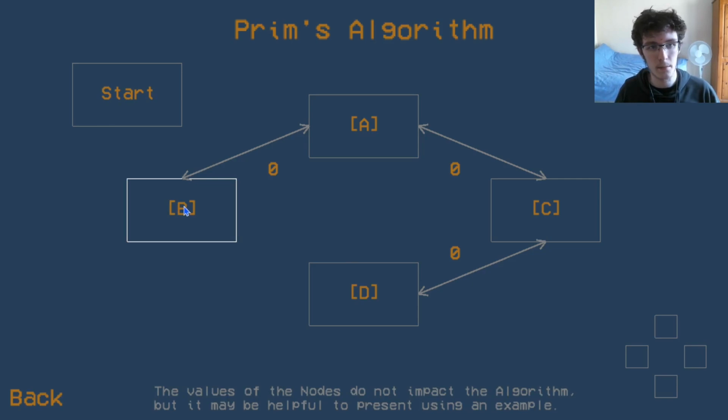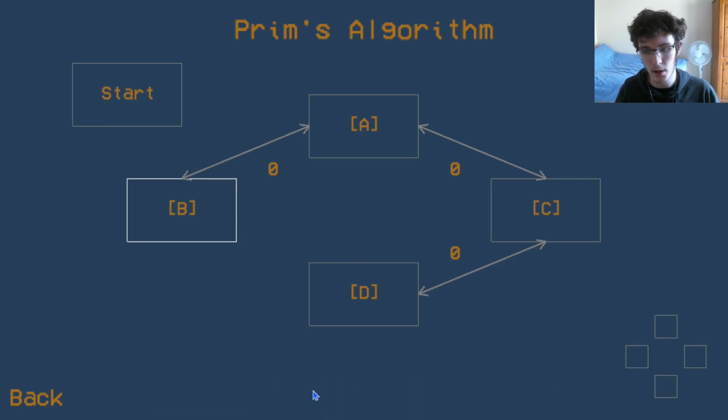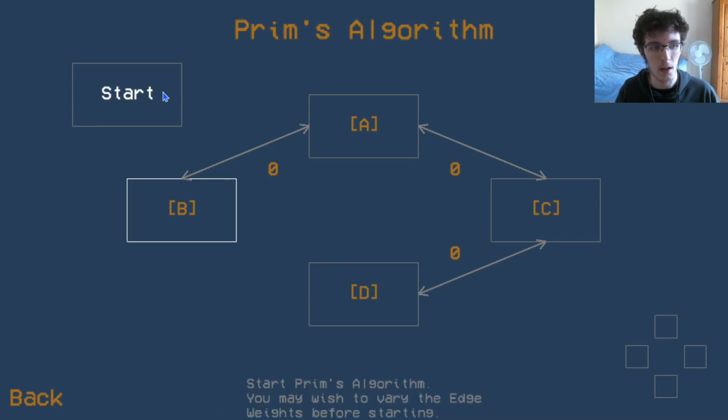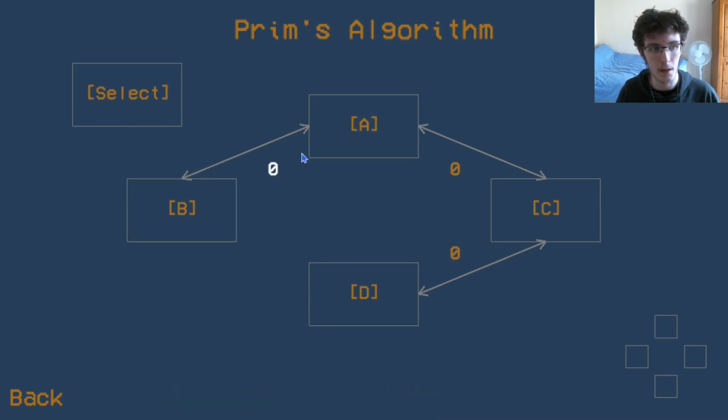If we select a village for now and hover over start, it's going to give us a little message down here to tell us that we may want to change the weights of every edge, because that will make things a bit more interesting.